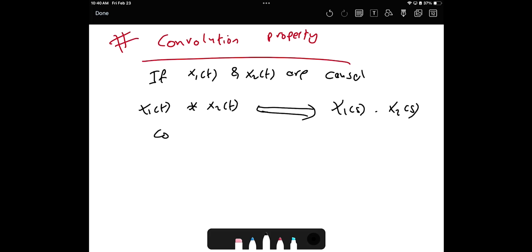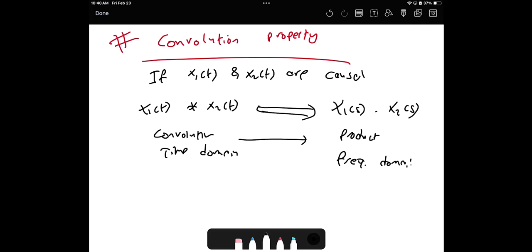So convolution in time domain will be products in frequency, which is something super great. So basically, whenever we deal with the convolution, we don't need to do all of this trouble, all of these mistakes, all of these problems.